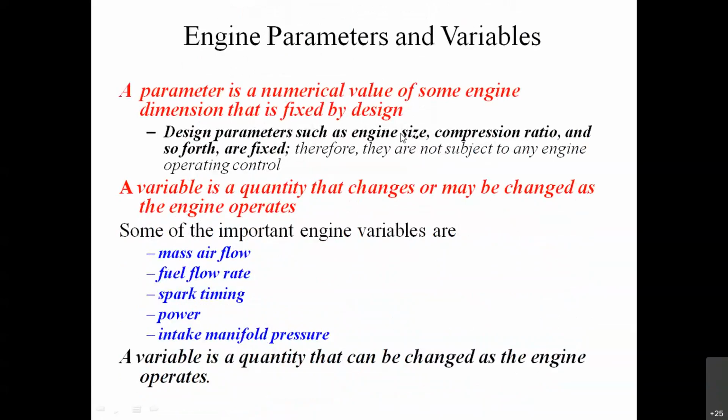Design parameters such as engine size, compression ratio, and so forth are fixed at the time of engine design. The parameters which change while the engine is active are mass airflow, fuel flow rate, spark timing, power generated by the engine, and the intake manifold pressure. These are continuously changing depending on the speed and the power that we want to generate from the engine.